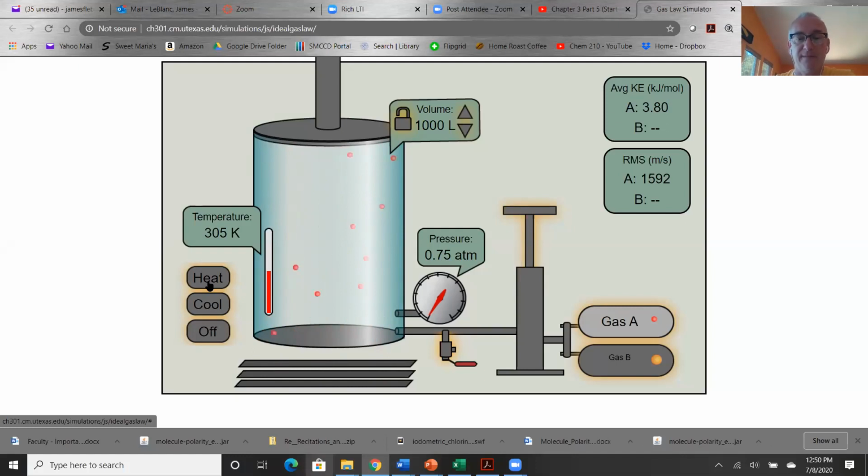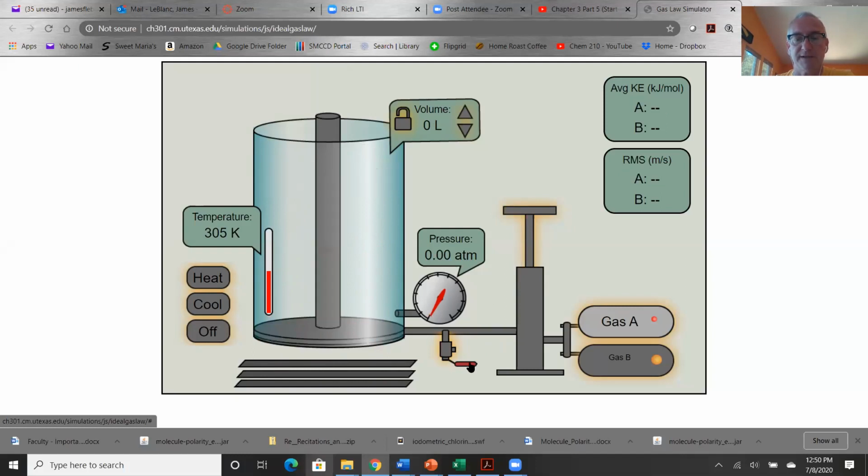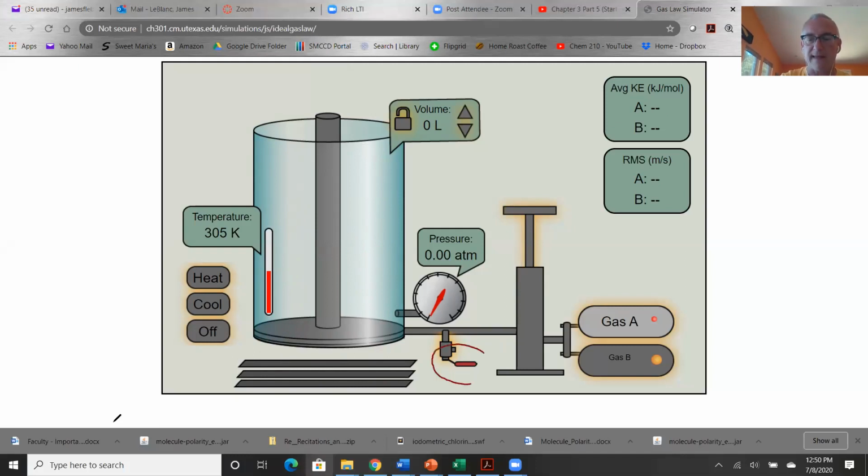Okay, and then I'm going to evacuate all the gas. This little knob down here, if I click on it, it basically evacuates the cylinder. And so you can see what happens to the cylinder when I evacuate it.